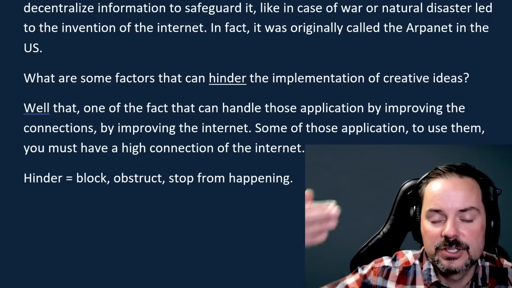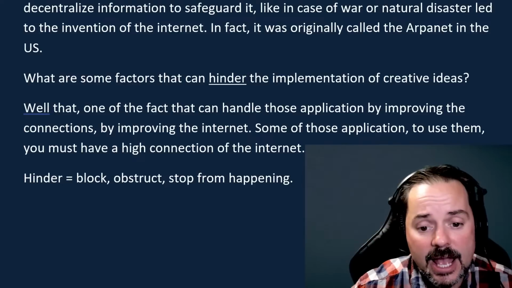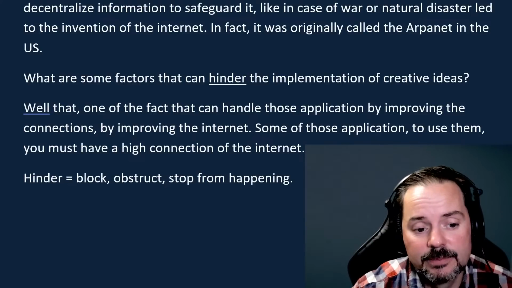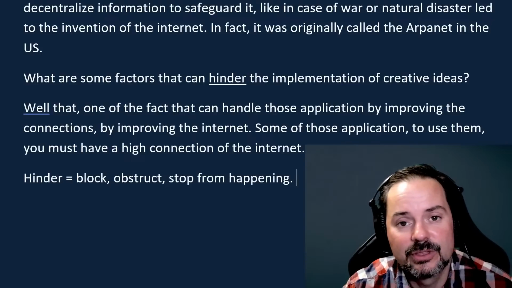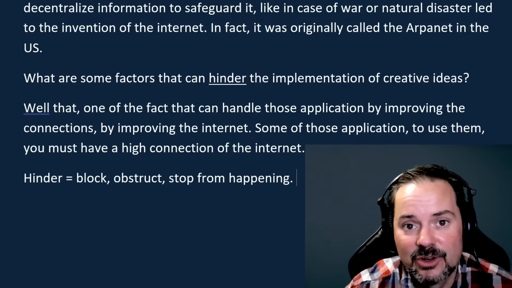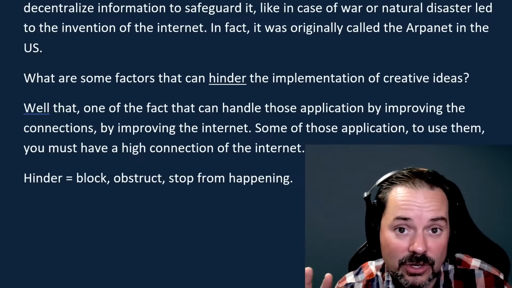So hinder means to block or to stop creative ideas from happening. Your answer was actually okay, because you talked about online applications or certain applications not working with poor internet. So that was the technology hindering. So that was good, Adel. You might have been guessing a little bit, but it was a good guess.